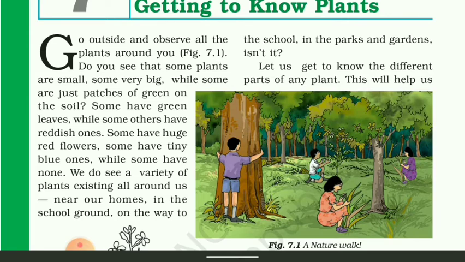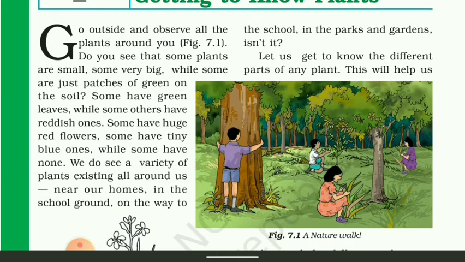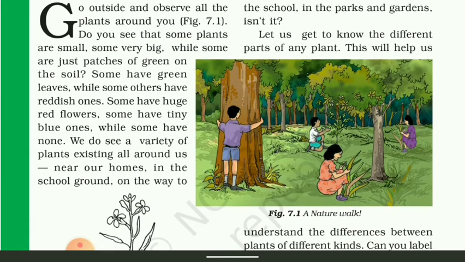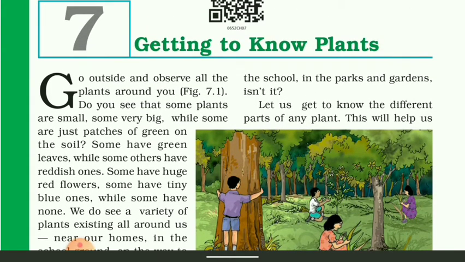Some have green leaves, while some others have reddish ones. Some have huge red flowers, some have teeny blue ones, while some have none. We do see a variety of plants existing all around us, near our homes, in the school ground, on the way to the school, in the parks and gardens.